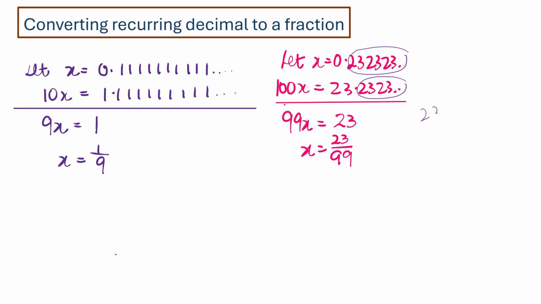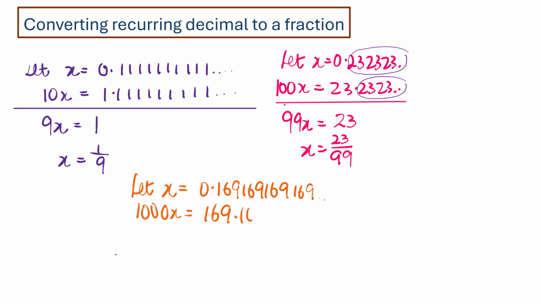And if you use your calculator, or don't need a calculator, if you take 23.2323 minus away 0.2323, you end up just getting 23.0000, which is 23. So you will have 100x minus x gives you 99x. So 99x equals 23. Therefore, x is 23 over 99.